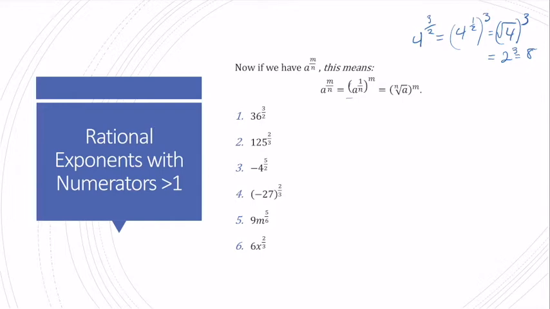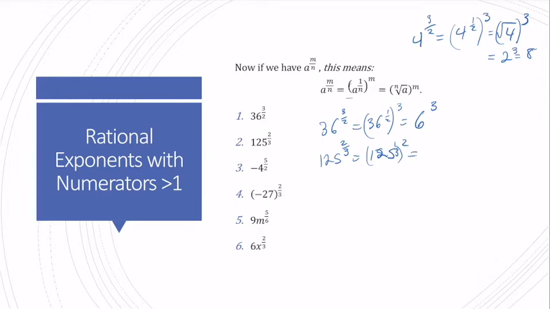So let's work through a couple examples. If I have 36 to the 3/2, that's like saying I have 36 to the 1/2 cubed. That means I have 6 cubed. If I have 125 to the 2/3, that means I want 125 to the 1/3 squared.